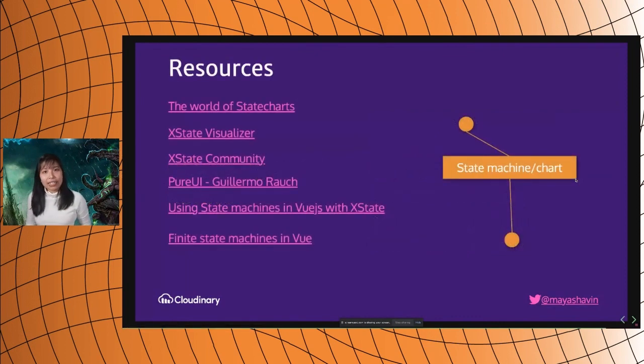And lastly, if you found it interesting, there are a lot of resources about XState, state charts, and state machines that are very useful and helpful to learn and start with. First, you saw the visualizer of XState. XState has a great community that is very helpful, and David Khourshid is the creator of XState, very helpful on Twitter.